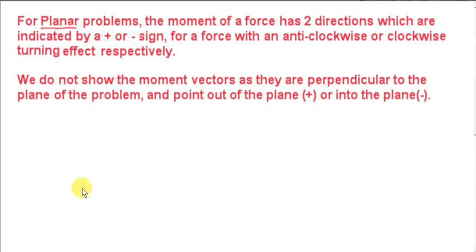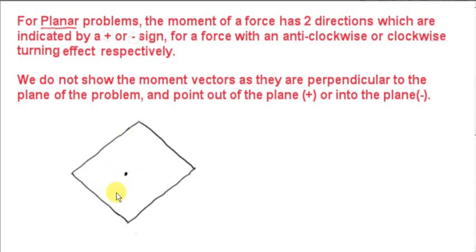So to get a picture of what's going on, I'm just going to try and draw a plane in oblique view, because I want to show vectors lying in it, and I also want to show vectors that are sticking out of it. Actually, the vectors that are sticking out of it will be the moment vectors, which we won't be drawing in general. I just want to mention that the moment vector is a real vector, but the vectors that we will be showing, of course, will be the vectors in the plane of the problem.